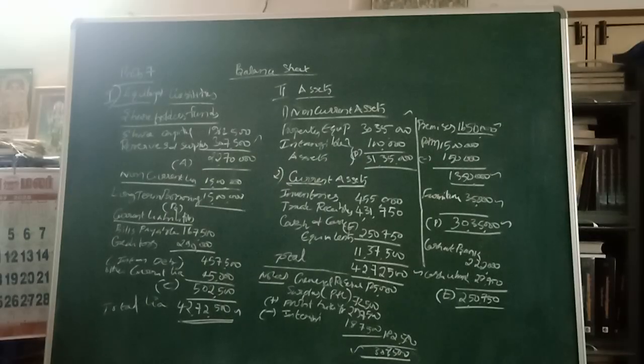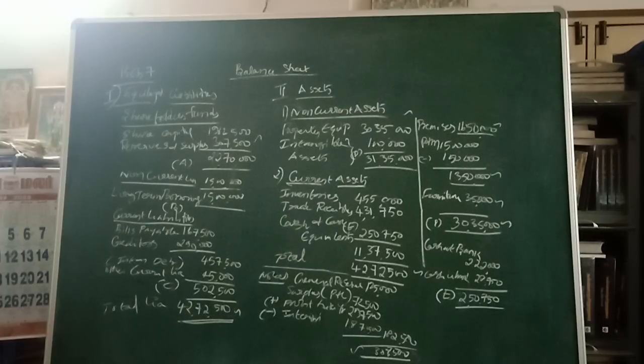Then next to depreciation, another adjustment is to provide half year interest on debenture. This is what I already instructed. Debenture is given, and the 6% debenture rate is also mentioned. For a year, the value of debentures 15 lakhs into the rate 6%, that comes to 90,000.